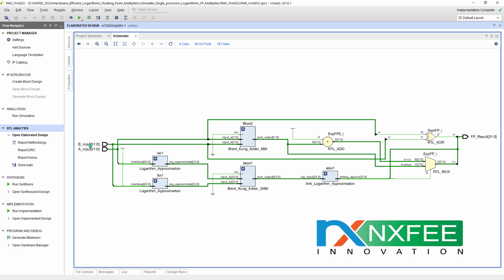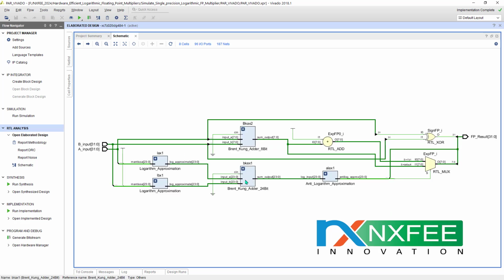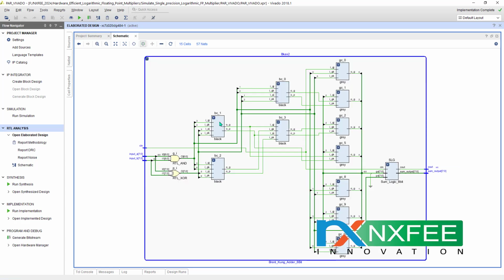The A input and B input first come with the logarithmic approximation. This is the mantissa method, and the exponent addition happens here for A and B. This is an 8-bit Bohm adder, and this is a 24-bit Bohm adder. The logarithmic approximation is generated using these multiplexers. This is the Bohm adder 8-bit architecture, and this is the Bohm adder 24-bit architecture. After these additions, we use the anti-logarithmic functionality.